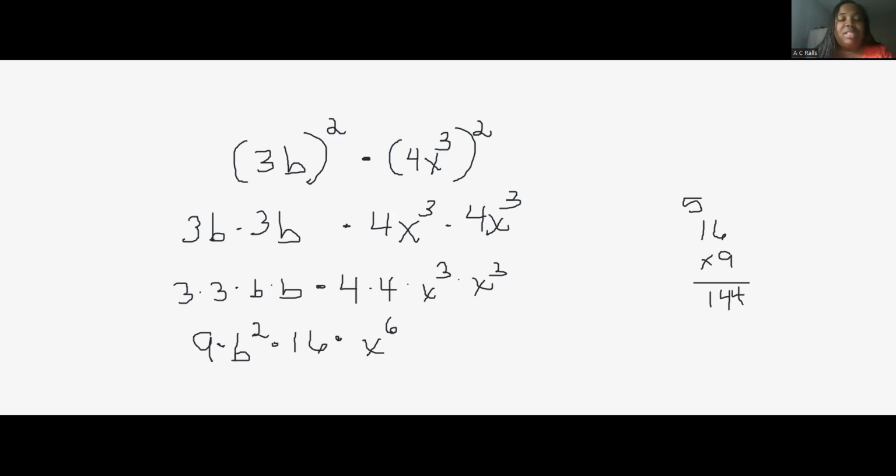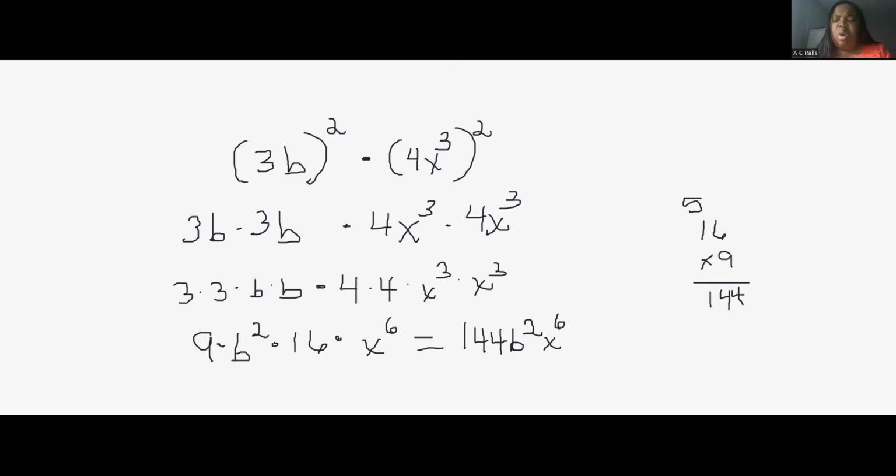That's going to give us a lovely 144. And then we're going to finish out with just writing our b squared and our x to the 6th power. So that's how we do that in a nutshell.